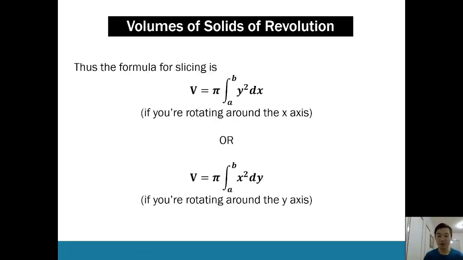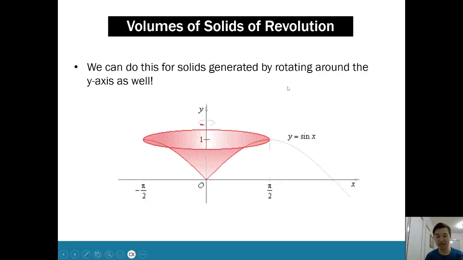The same thing works when you're rotating around the y-axis as well. The difference is that our discs will look like that. This is just a point on the graph. Instead of the radius being the y value, this time the radius is going to be the x value. So this time, the area of that circle will be pi x squared instead.